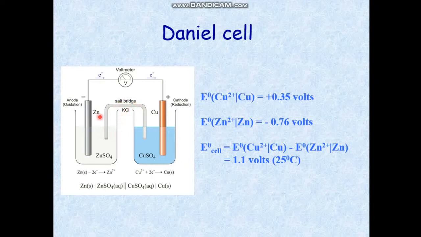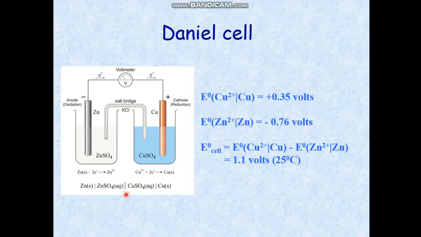The salt bridge is symbolized by double vertical strokes, and this combination of 2 half cells is denoted as zinc, zinc sulfate, salt bridge, copper sulfate, copper. So this is the representation of a complete Daniell cell, which is a combination of 2 half cells with a salt bridge in between.